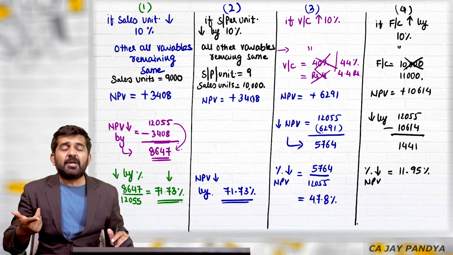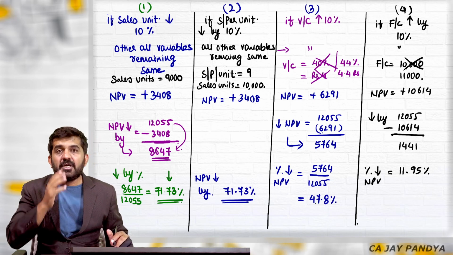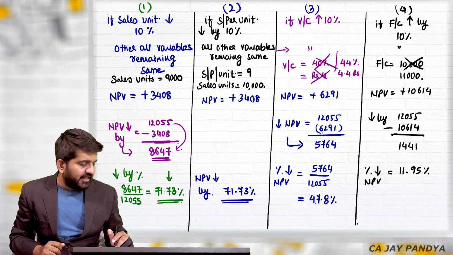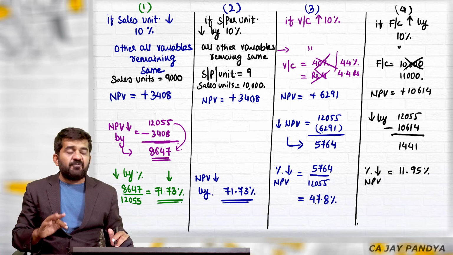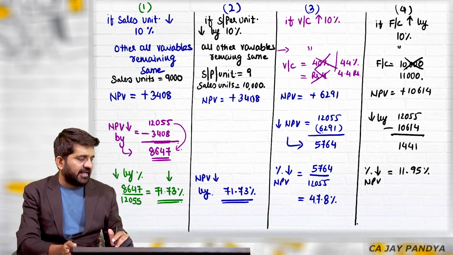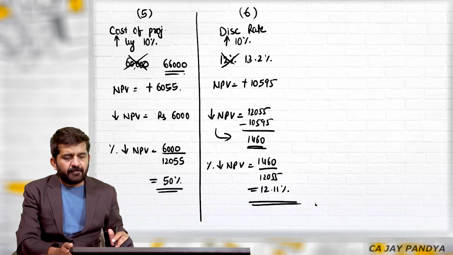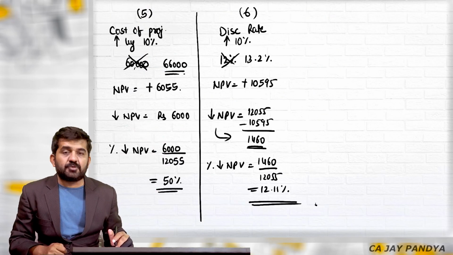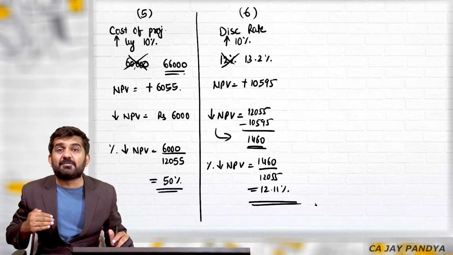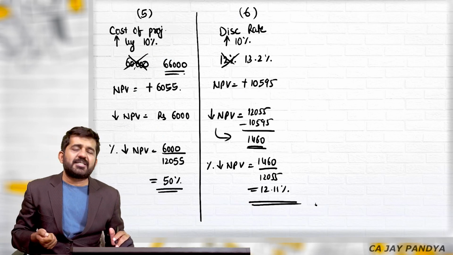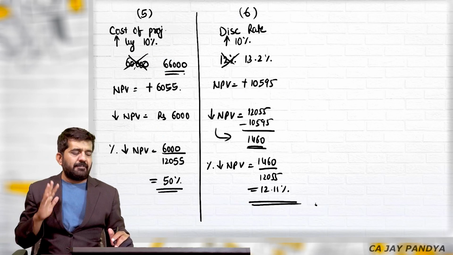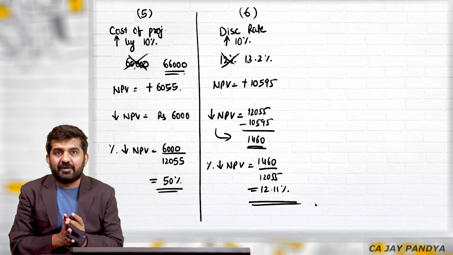If variable cost increases by 10%, my NPV will decrease by 47.8%. If fixed cost increases by 10%, my NPV will decrease by 11.95%. If cost of project increases by 10%, my NPV will decrease by 50%. And if the discount rate increases by 10%, my NPV decreases by 12.11%.